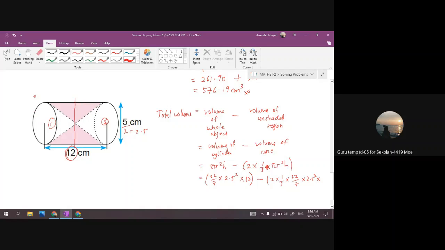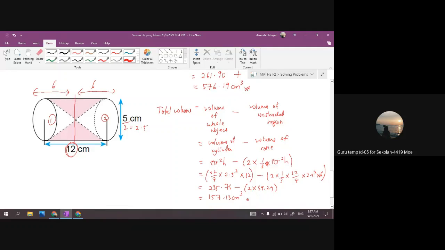Okay. Nampak tak ni height dia kan? Okay, so 6 lah. So ketinggian cone adalah 6. Okay. So kamu akan dapat lah 235.71 minus 2 times 39.29. Okay, maka the final answer will be 157.13 centimeter cubic. Okay, easy right?